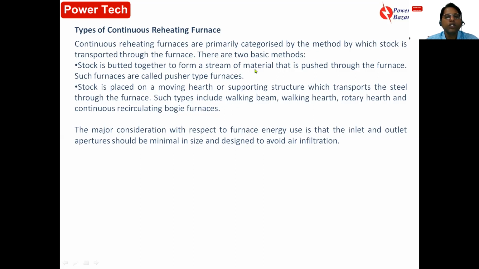So, based on these two broad categories, furnaces can be divided: walking beam, walking hearth, rotary hearth, and continuous recirculating bogie furnace. Out of these, the walking beam is important, and it is employed in thermal steel plants, and this is a very efficient furnace. We will study all these furnaces.